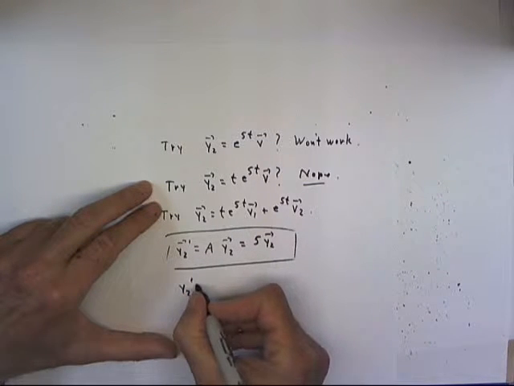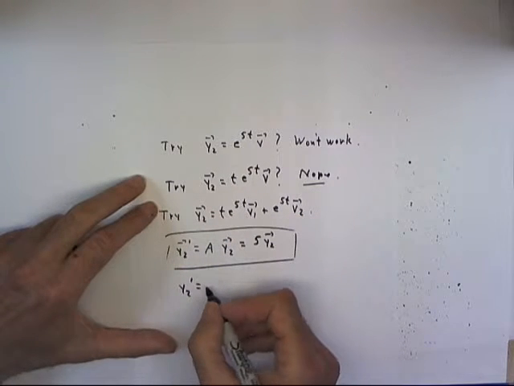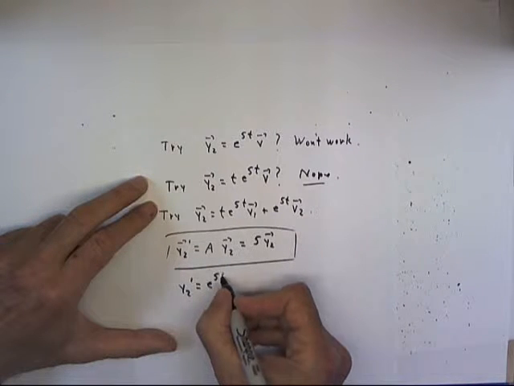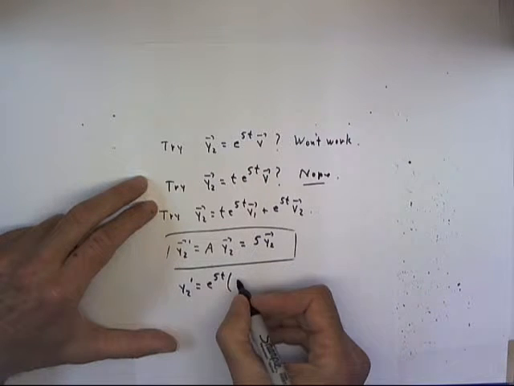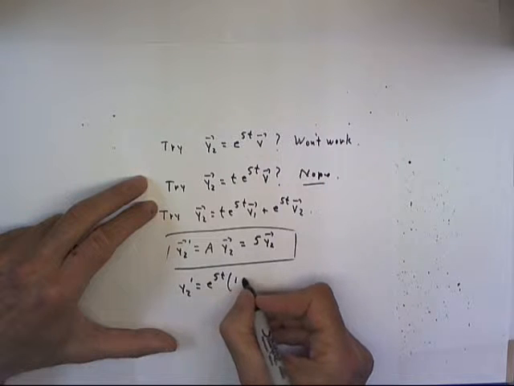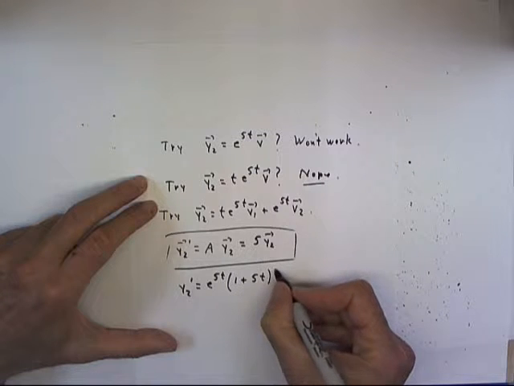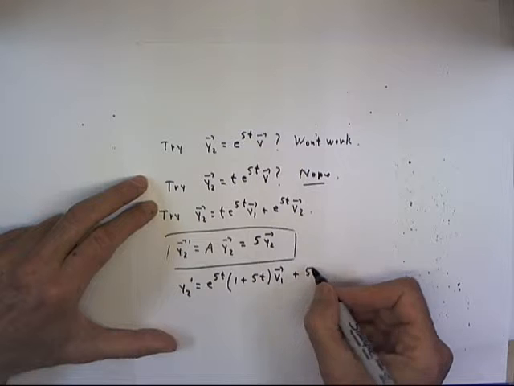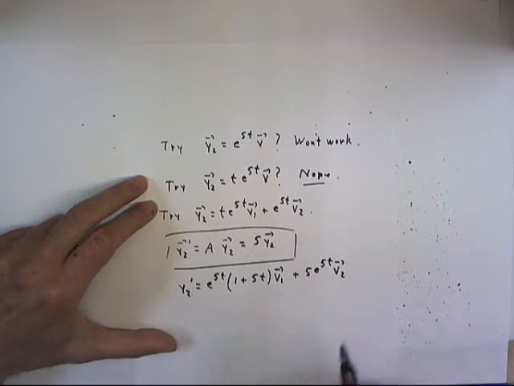We get y2 prime equals the derivative of t e to the 5t, which I'm just going to assert, that's going to be e to the 5t times 1 plus 5t times our unknown v1 function, and then plus 5e to the 5t times v2.